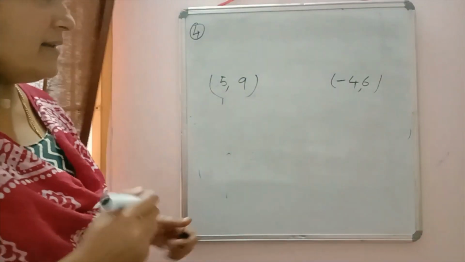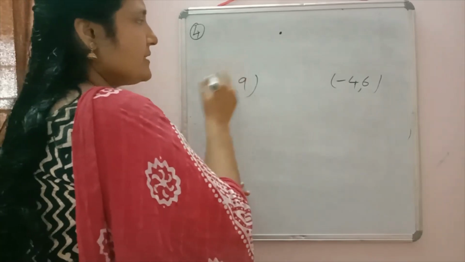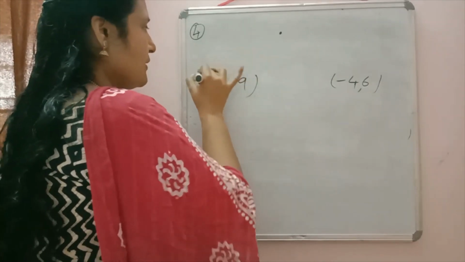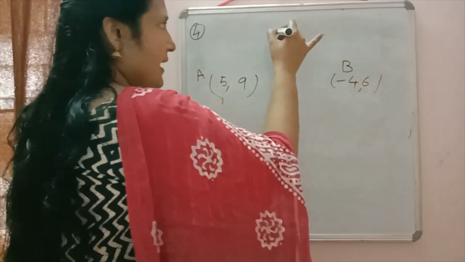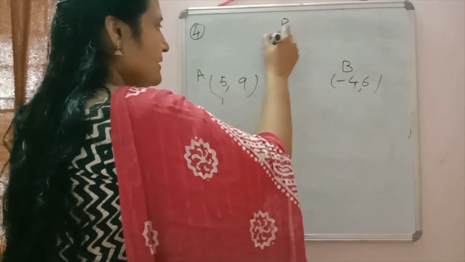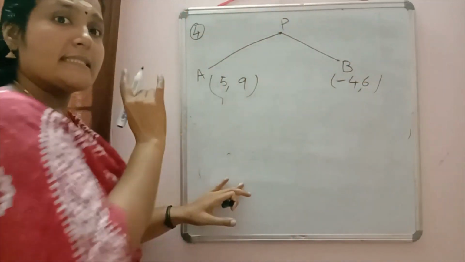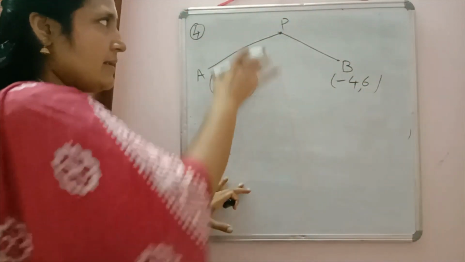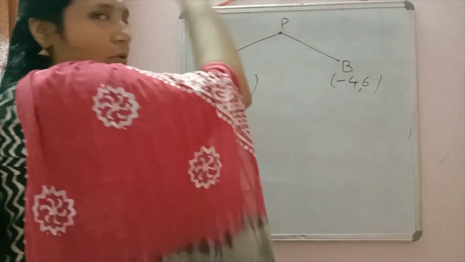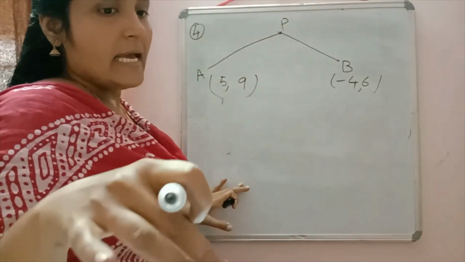So we have to find the coordinate of a point which is on the x-axis, which is equidistant from these 2 points. Suppose these points are A and B, and this point I am taking as P. So the distance from P to A and from P to B is the same. That condition is given. PA is equal to PB is given, and the point P is on the x-axis.